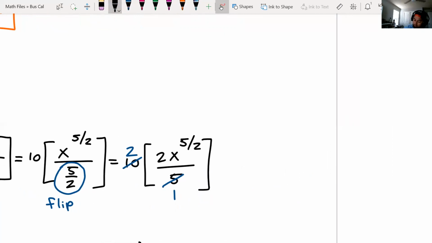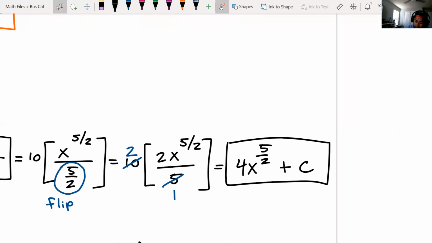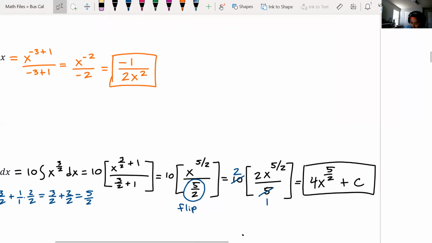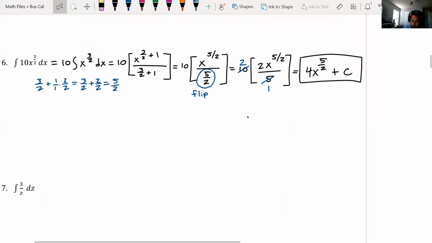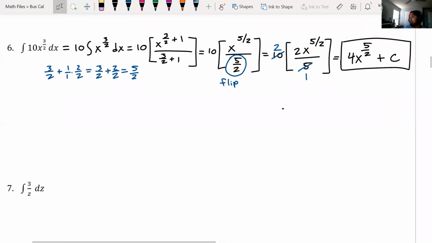Multiply it straight across, and you get 4x to the 5/2 plus c. There you go. Any questions on that one? Lots of fraction work. Don't be afraid.